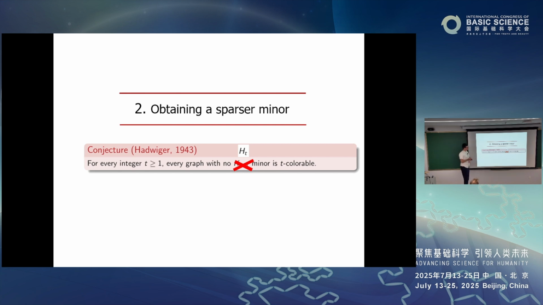Now, let me say a few things about what one can do if one doesn't want a complete graph on t vertices as a minor, but some less dense graph.